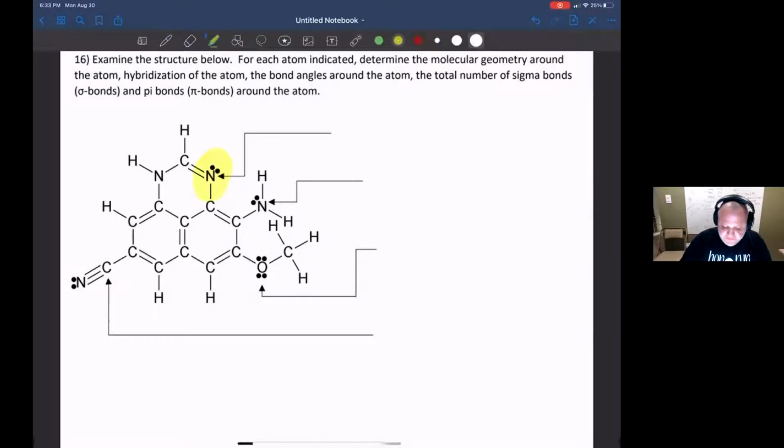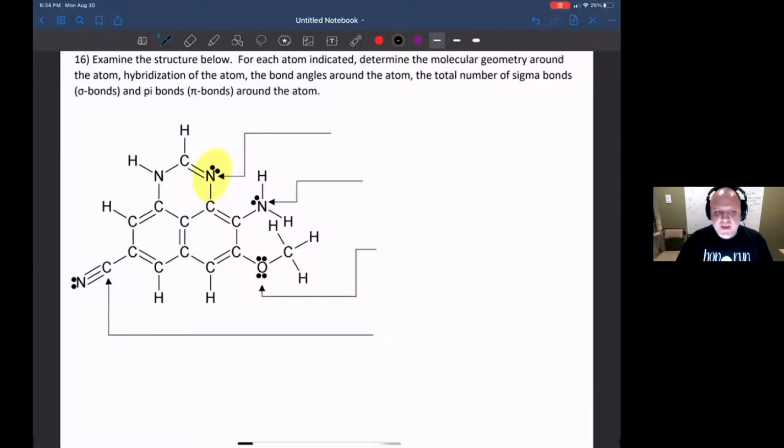All right, so the first thing is to figure out the molecular geometry. Remember, the molecular geometry is not the electron geometry. The molecular geometry is the shape of the molecule, only including the bonds. But in order to know the molecular geometry, it is helpful to figure out the electron geometry, because maybe that's the way that you learned it. So let's take a look at the first one and count the number of geometry groups.